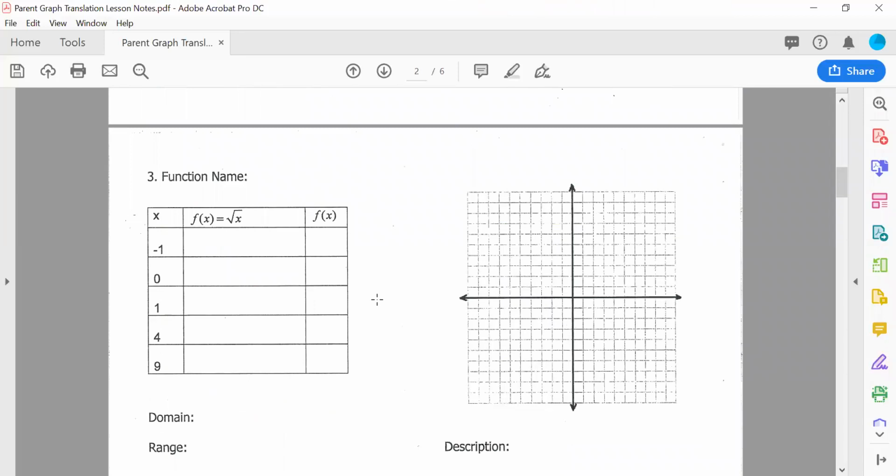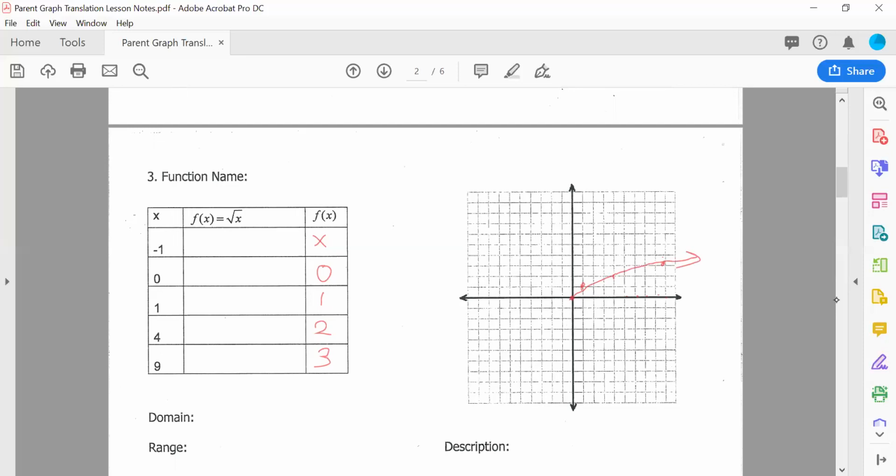Square root graph. Well, let's just think about this. The square root of 0 is 0. The square root of 1 is 1. The square root of 4 is 2. The square root of 9 is 3. The square root of negative 1, in other words, you can't take the square root of something negative. So this begins at 0, 0, and then 1, 1, and then 4, 2, and then 9, 3, and so on and so forth.